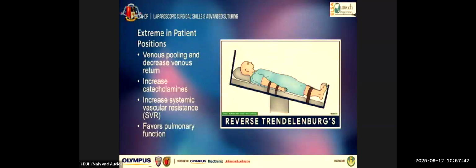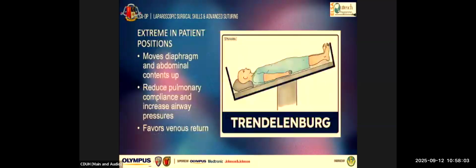So there is a risk, if a patient is compromised, of increased myocardial oxygen demand and probably ischemia and infarction. However, this position favors pulmonary function. The opposite, Trendelenburg, moves contents towards the diaphragm, causing reduced pulmonary compliance and increased airway pressure. This position, however, favors venous return.